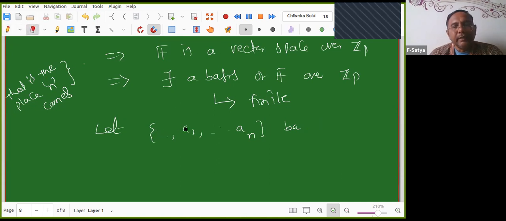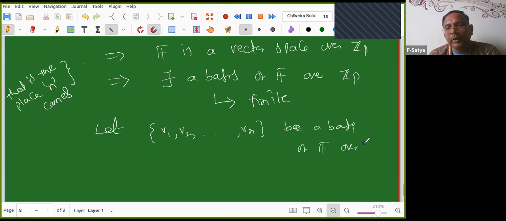Okay, let us write alpha one. v1, v2, I'll write; don't think of vectors, it is convenient actually. Let v1, ..., vn be a basis of F over ZP, right?